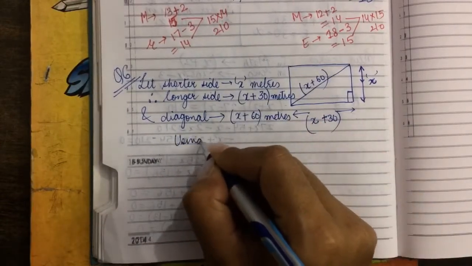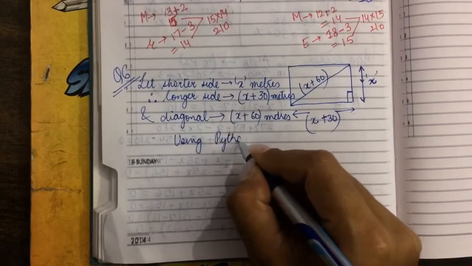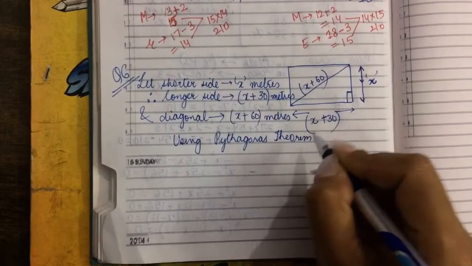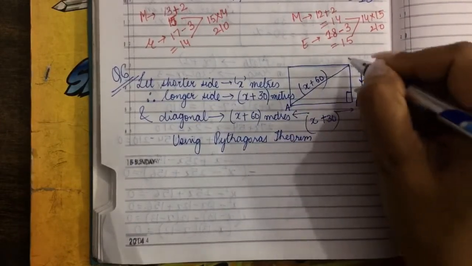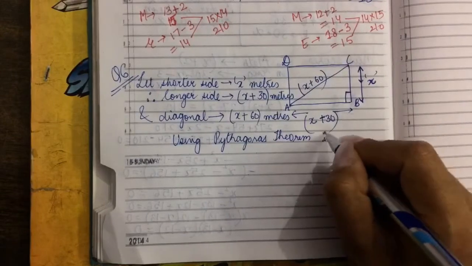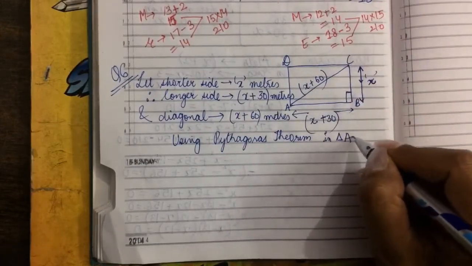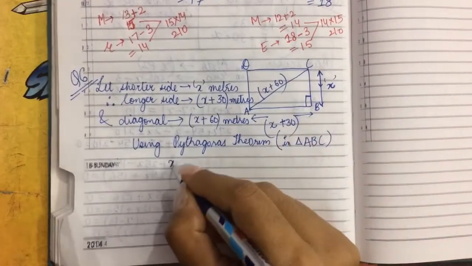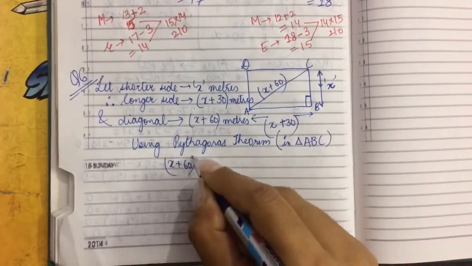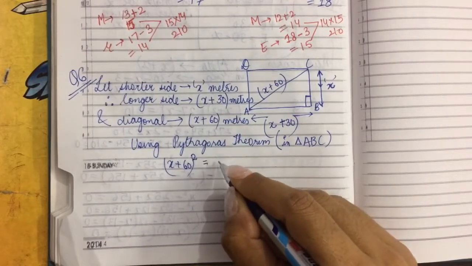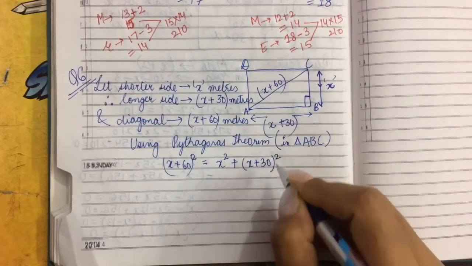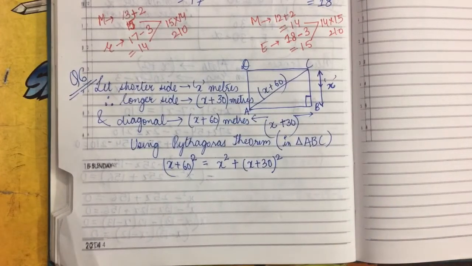Using Pythagoras theorem, if you want, you can name the triangle just for reference. So using Pythagoras theorem in triangle ABC, we get hypotenuse square equals perpendicular square plus the base square. Now you have to simplify this and obtain the quadratic equation, hence find the value of x.